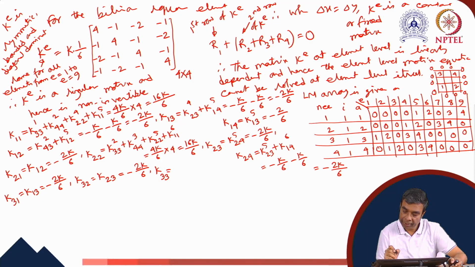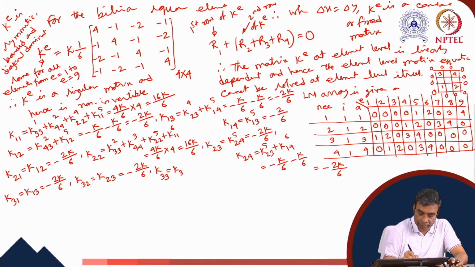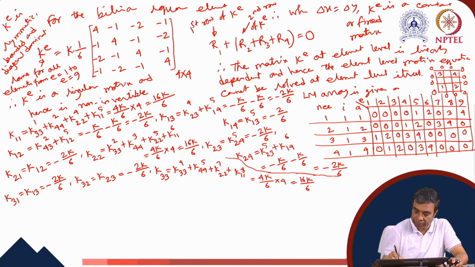K33 is K^3_34 plus K^4_45 plus K^7_22 plus K^8_11. So, like the previous diagonal terms, we easily see that this is 4K by 6 into 4, equals 16K by 6. The next term is K34.